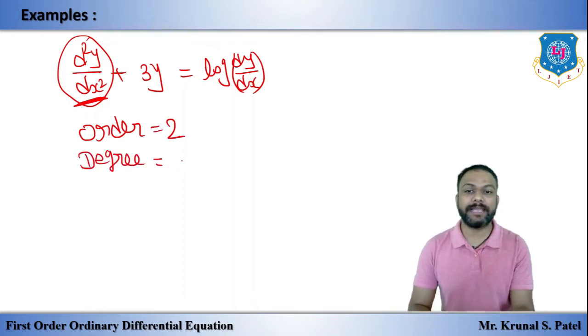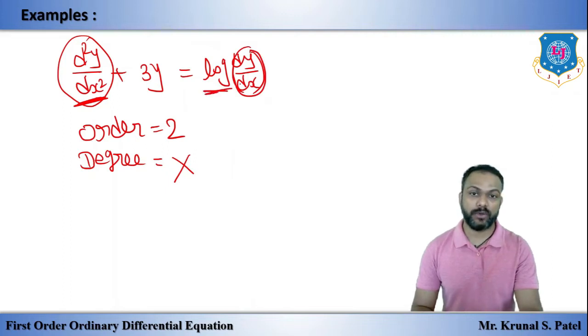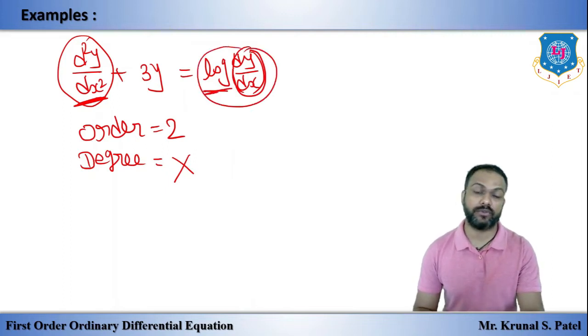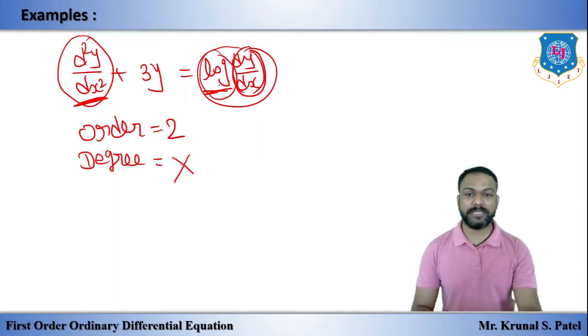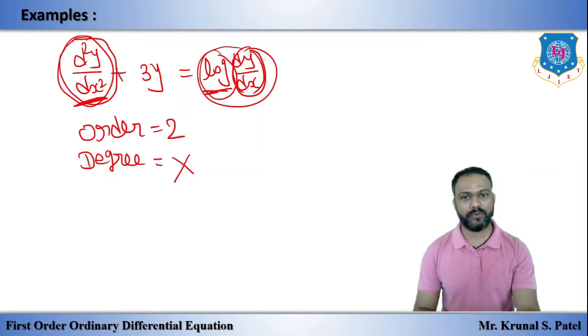The degree cannot be decided because this derivative term is inside a function. So this is the radical. To find the degree we have to remove this, but if we remove it by taking the anti-log on both sides, this term also gets stuck. Therefore the degree of this differential equation is not possible, but the order we can find.